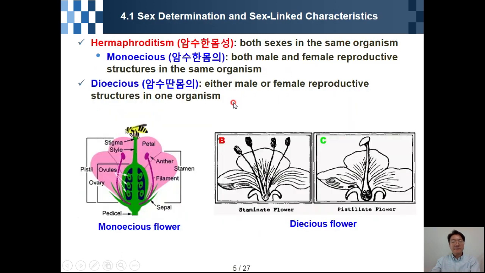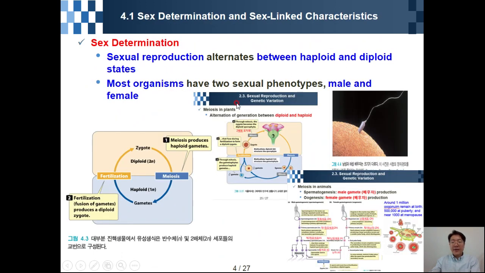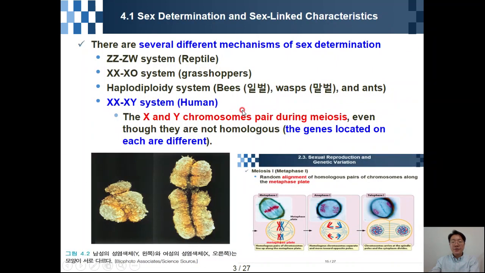So previously, I didn't explain why X and Y chromosomes pair during meiosis, even though they are not homologous, even though the genes located on each chromosome are different. Why? Because they have the primary and secondary pseudo-autosomal regions. That's why they can pair with each other during meiosis, specifically metaphase 1.